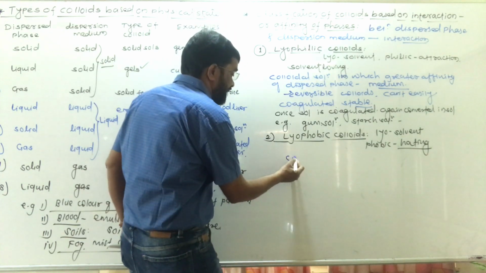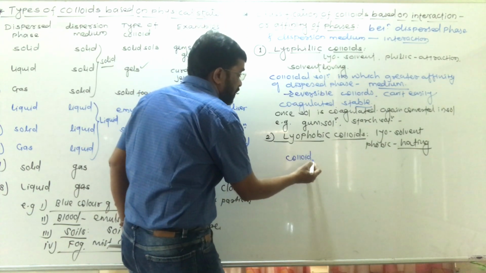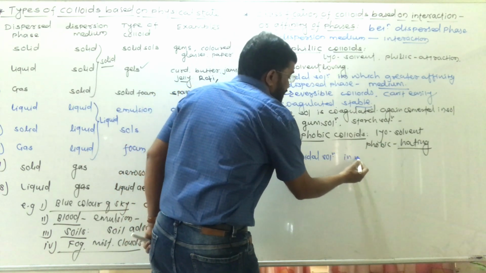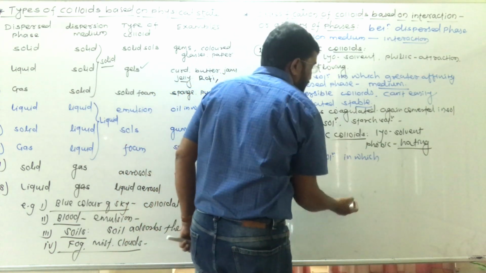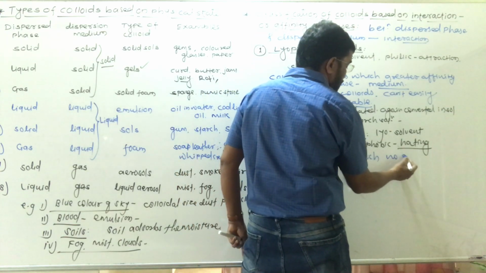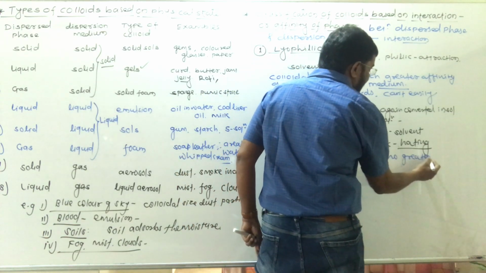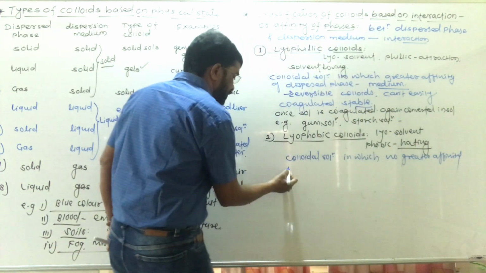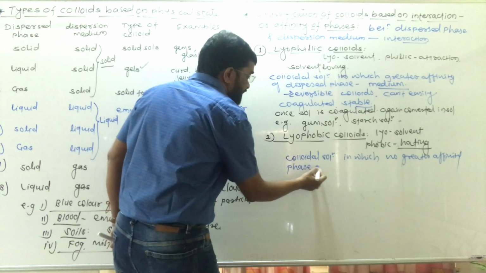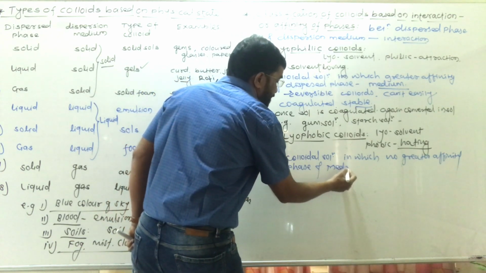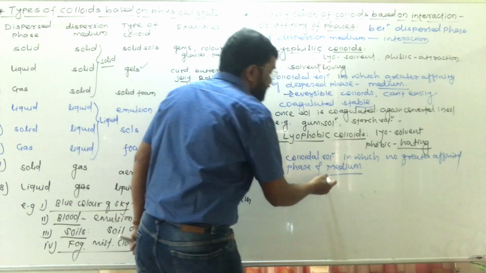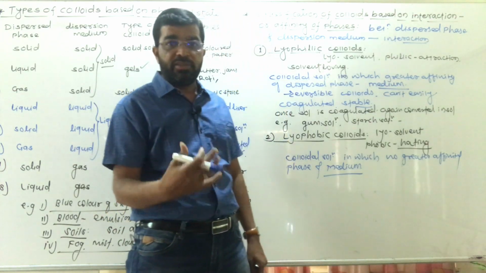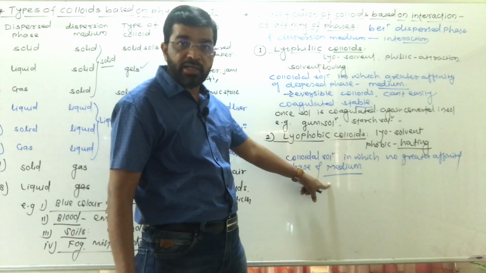So these are the colloidal solutions in which there is no greater affinity between the dispersed phase and dispersion medium, so they are called solvent hating or lyophobic colloids. They are known as the lyophobic colloids.